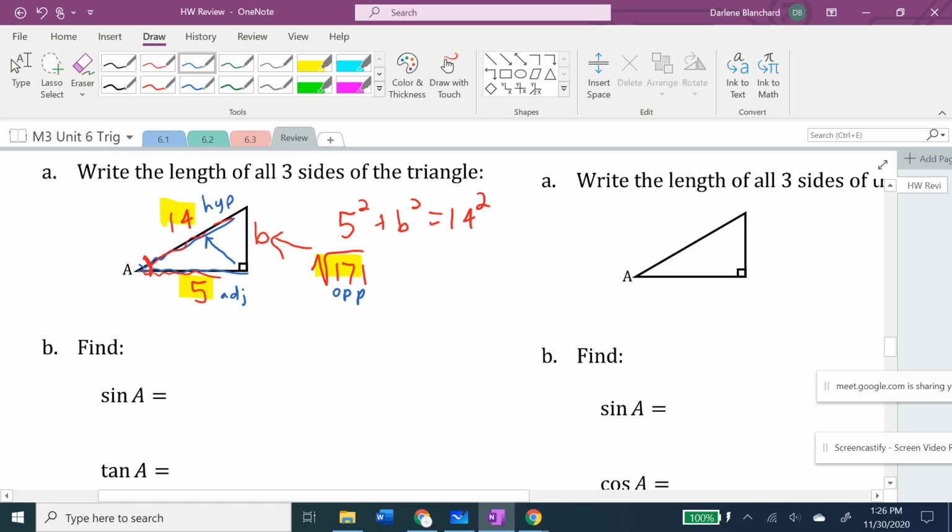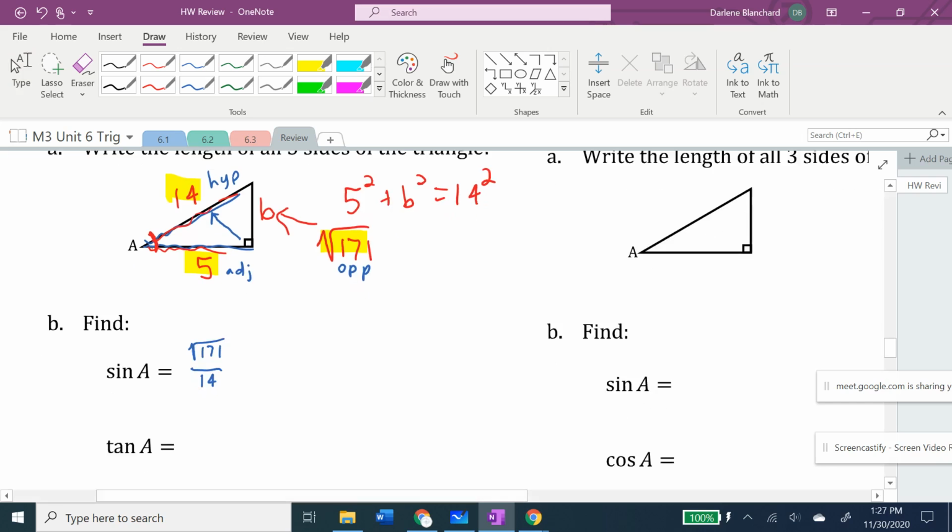I'm still waiting for chat. Thank you. Square root of 171 over 14. And I know that's what you meant. So you got it. Then what is tangent?